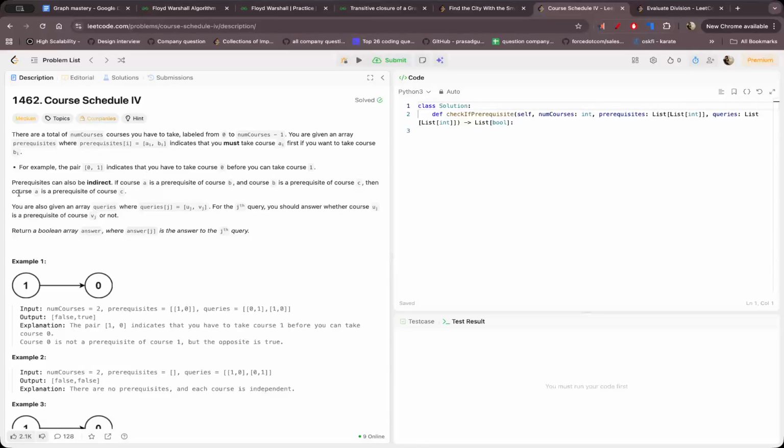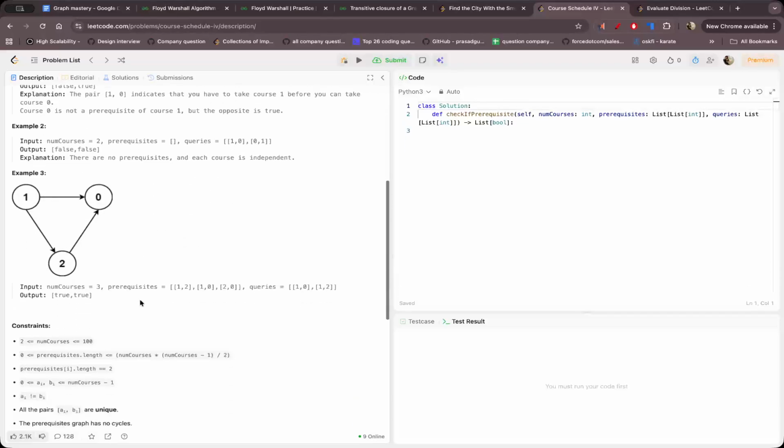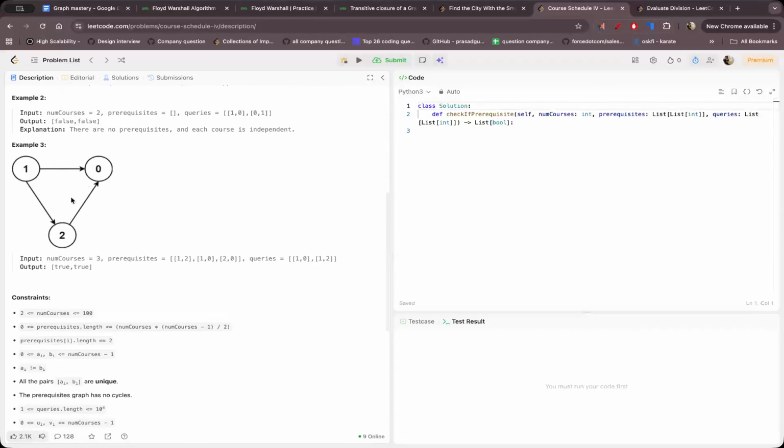But here, what is given is that to do a course, there is a prerequisite. Then what you need to check is, like in this graph, prerequisite of 1 is 0. Prerequisite of 2 is also 0. But prerequisite of 1 is also 2, right?